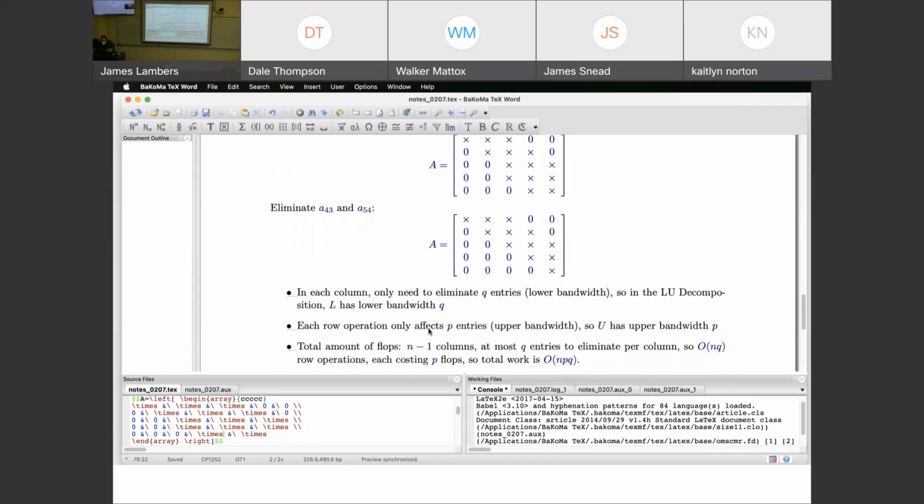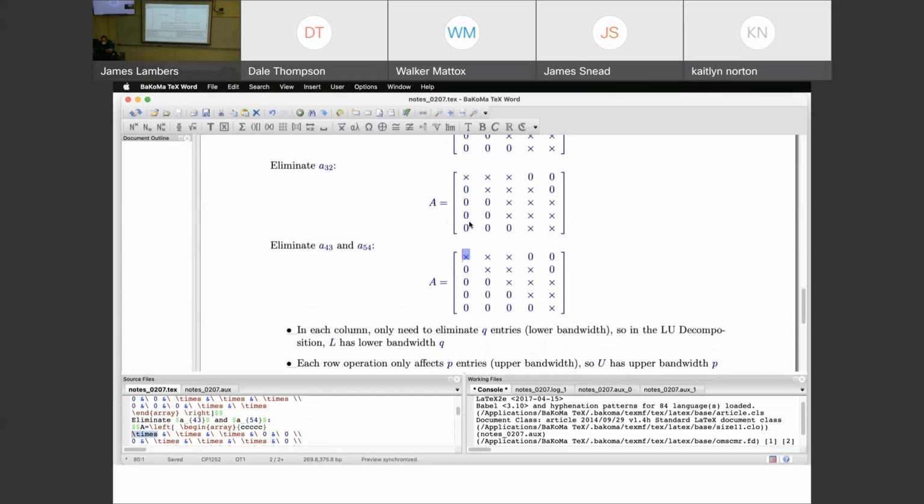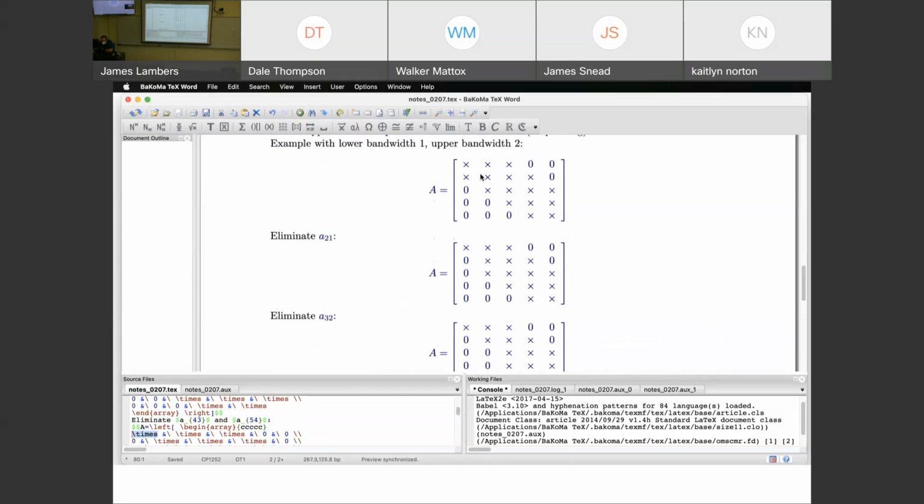Now, the number of entries affected by each row operation is equal to the upper bandwidth. For example, if I go back to my original matrix, what's happening with this row will affect the row below it, but only the diagonal entry is used to eliminate the entry below it.